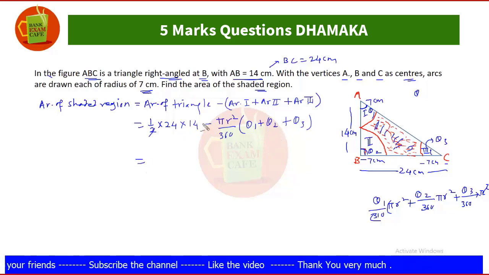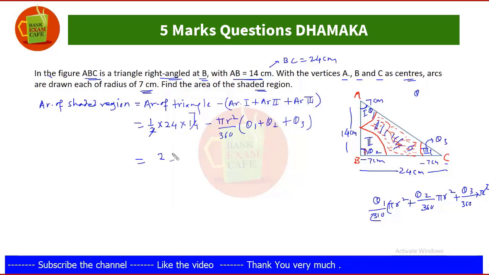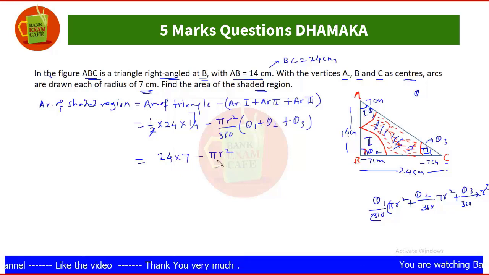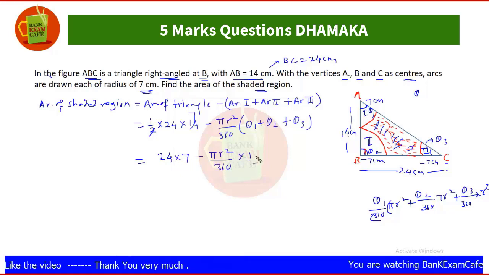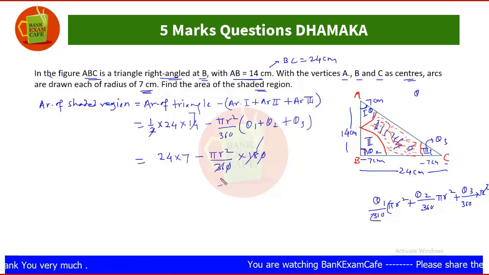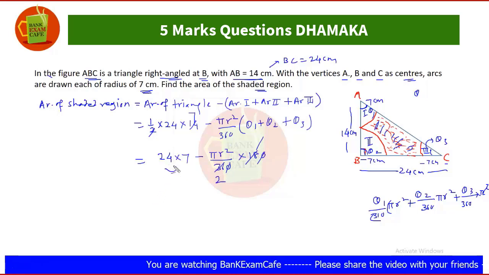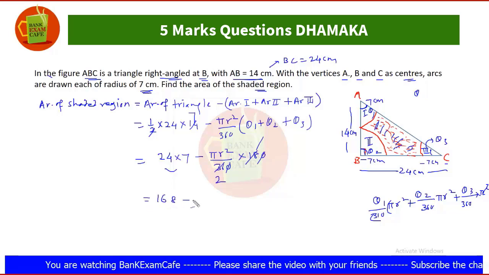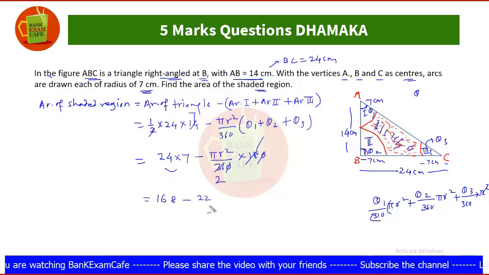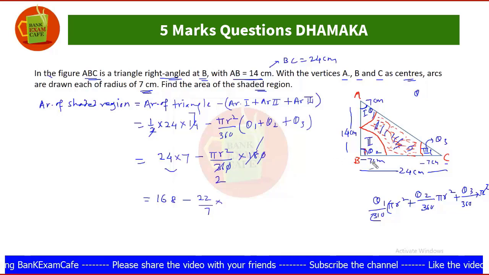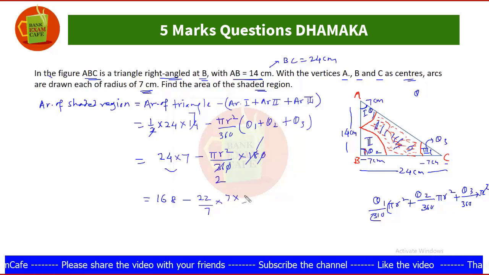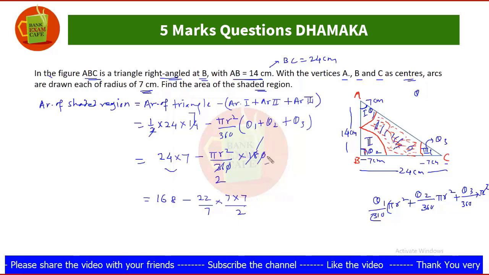So this will be, 2 1s are 2, 2 7s are 14, so it will be 24 into 7 minus pi r square by 360 into 180. So this 0 will get cancelled. 18 1s are 18, 18 2s are 36. So here this product will be 24 into 7, that will be 168, minus 22 by 7 into r square, radius is 7, so 7 into 7 by 2, here this is cancelled out.